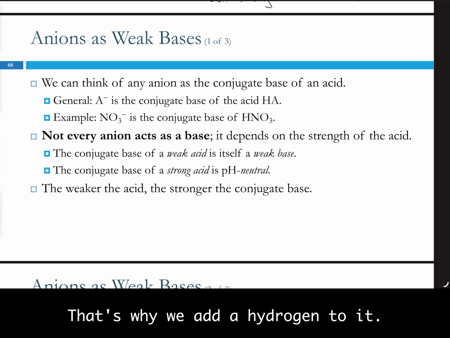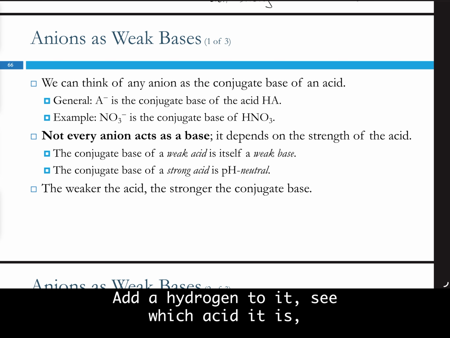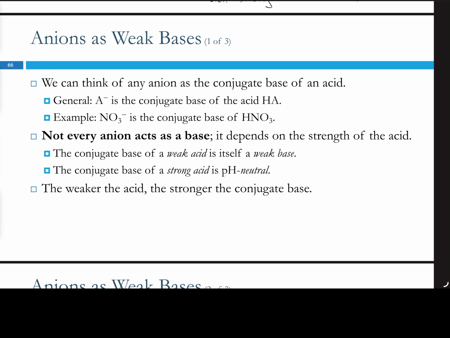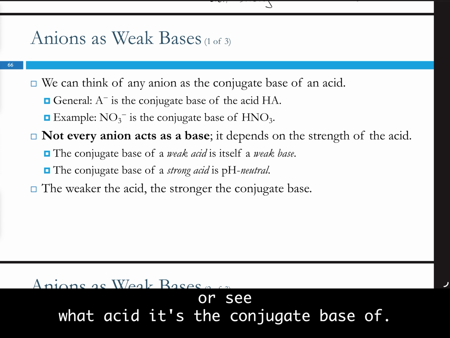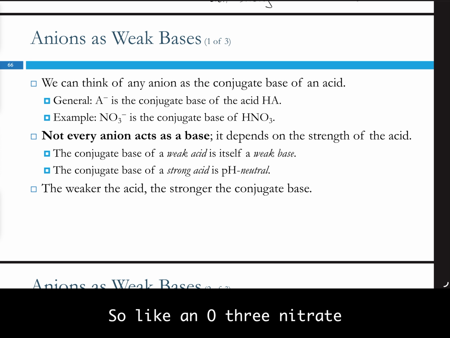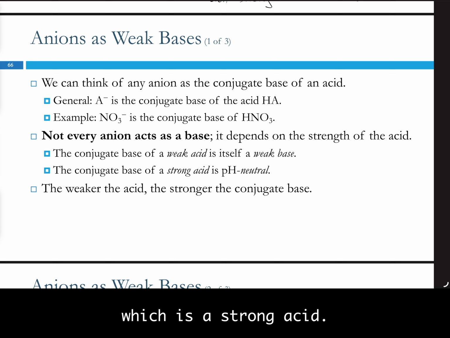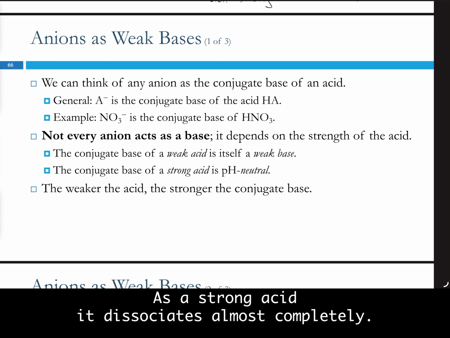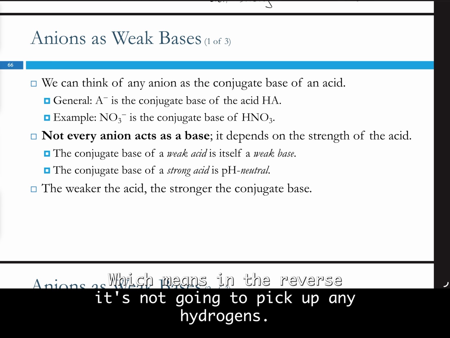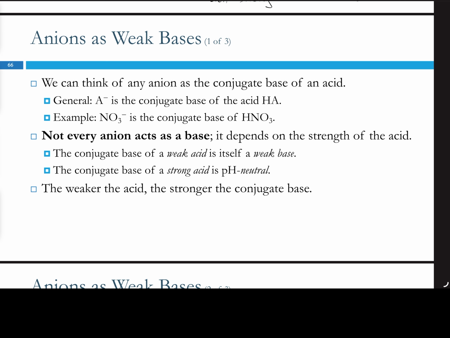That's why we add a hydrogen to it, to see what acid it's the conjugate base of. So like NO3 minus, nitrate, it's an anion. If I add a hydrogen, it becomes HNO3, which is nitric acid, a strong acid. As a strong acid, it dissociates almost completely, which means in the reverse, it's not going to pick up any hydrogens.